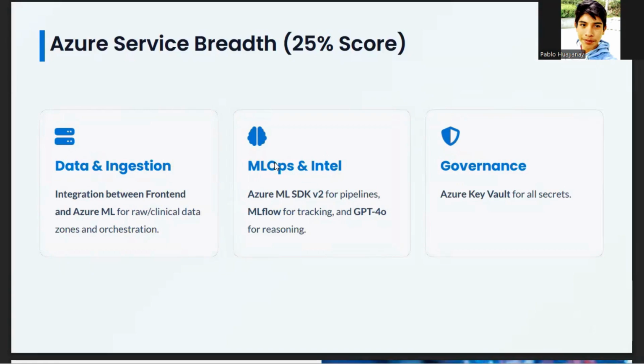when thinking through our approach, we prioritize production grade over prototype. We use several resources from Azure for data ingestion, MLOps, and governance.